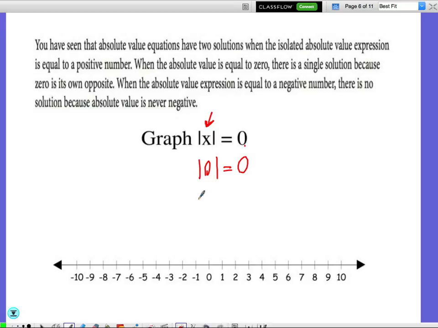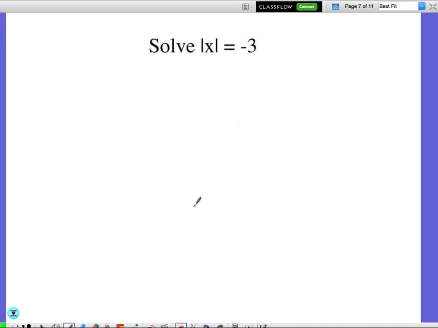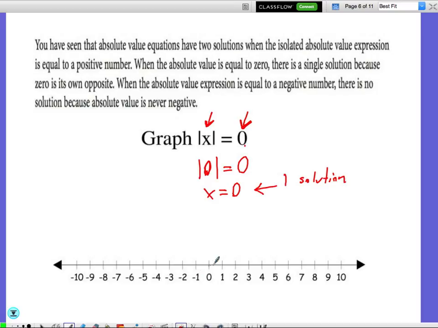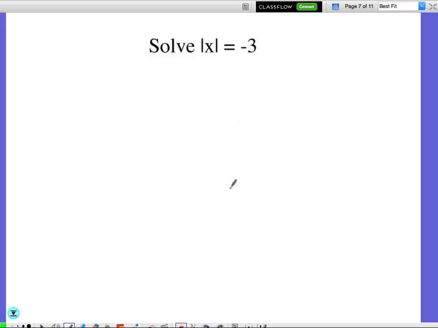Well, you may be tempted to say negative 0, but negative 0 does not exist. It's only 0. And so notice, whenever you have the absolute value equal to 0, in this case, we just have one solution. So there's the answer, by the way.